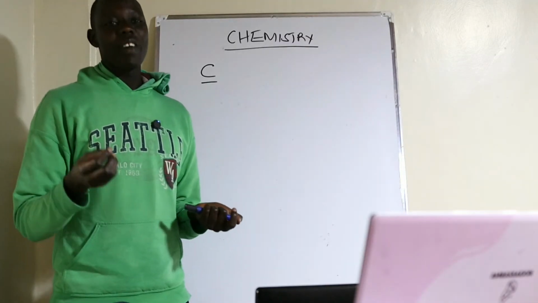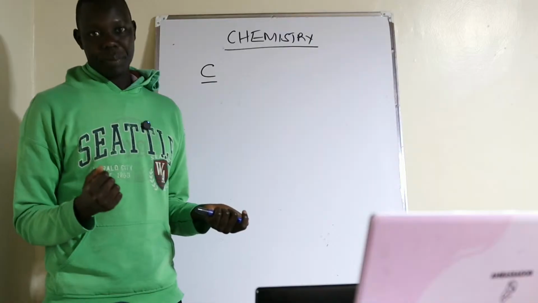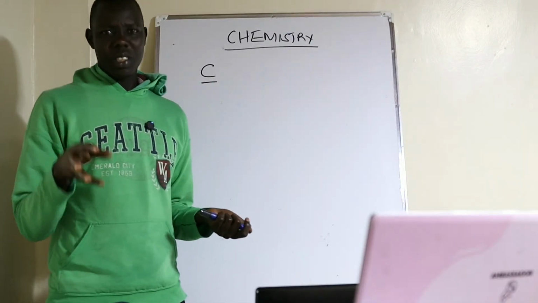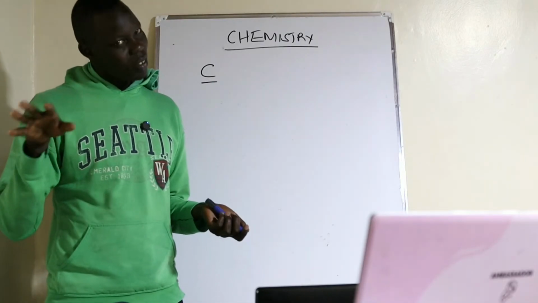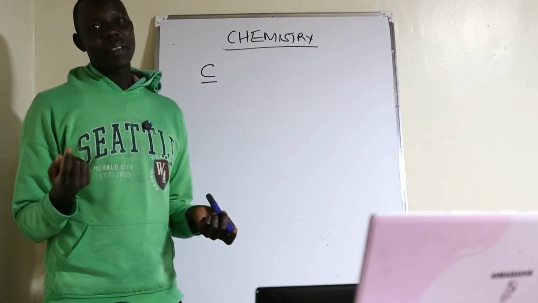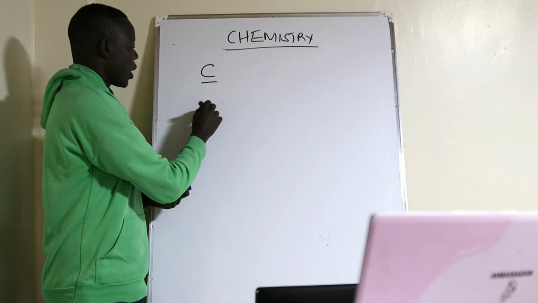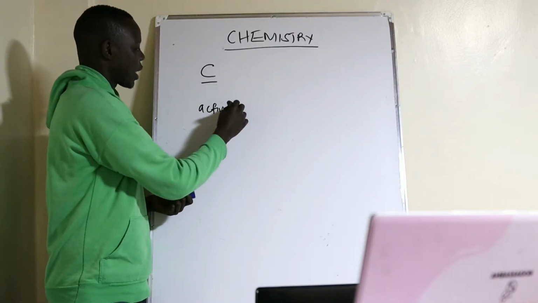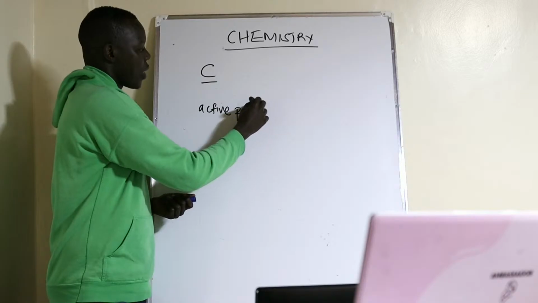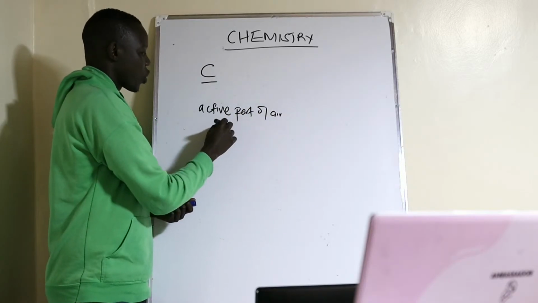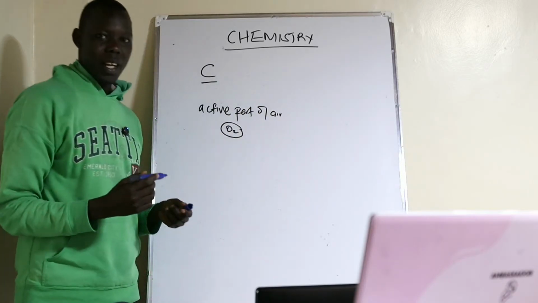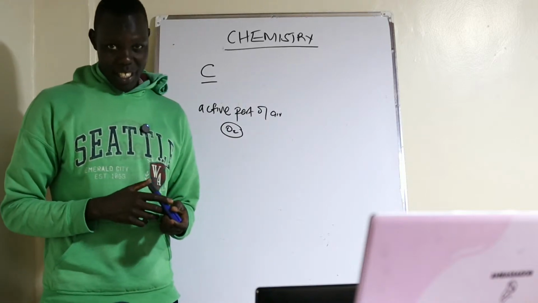Air contains very many components. It has nitrogen, oxygen, carbon dioxide, and water vapor, but the active part of air is the one that will react with the carbon. The active part of air is oxygen. This is the one that is going to react with the carbon.